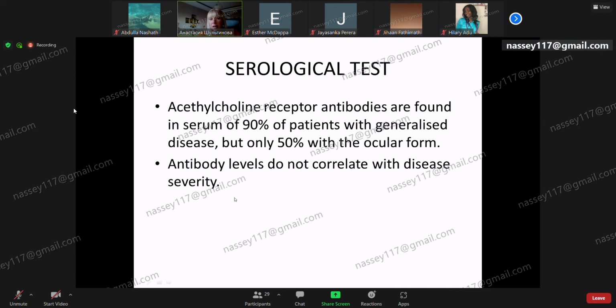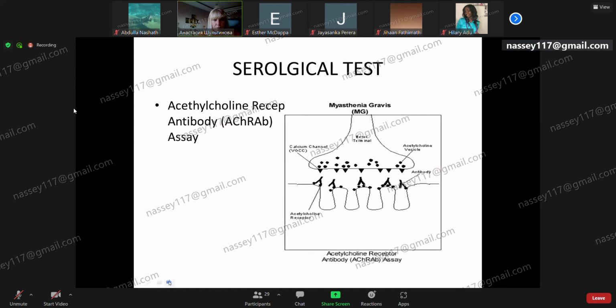Sometimes people have a very high level of antibodies but fewer clinical signs, and in other cases, a lower level of antibodies but much worse clinical signs. Serological test, we see acetylcholine receptor antibodies that block the receptors. This is the change in the neuromuscular junction common for myasthenia gravis. We saw the same picture before.